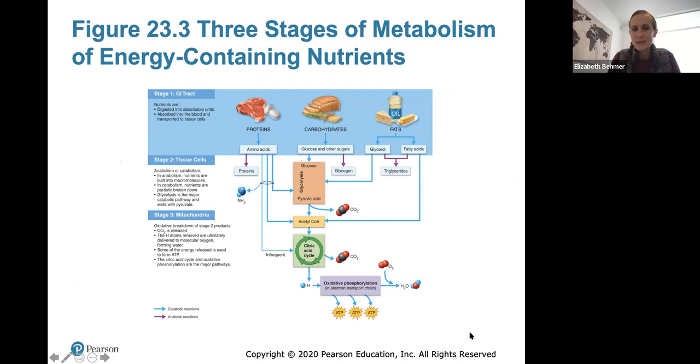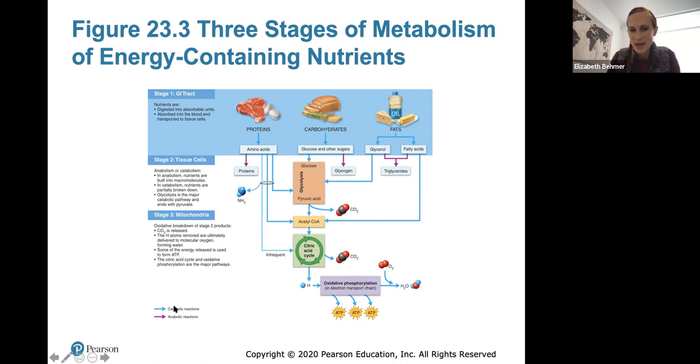So basically, proteins are broken down into amino acids, which can enter one of these stages to be shuffled through the cellular respiration process. Carbohydrates get broken down into glucose or stored as glycogen, and fats get broken down into triglycerides. And you can see how each breakdown of these 3 different food groups will then enter this cycle to ultimately create ATP at the end.